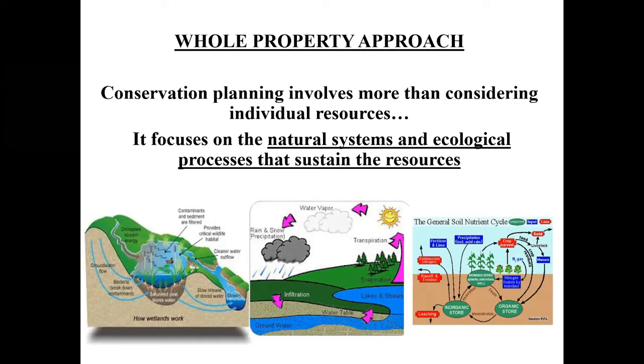We want to see how they interact with each other. Conservation planning involves more than considering individual resources. It focuses on the natural systems and ecological processes that sustain those resources. Again, these are our assets, the soil, water, and vegetation, and we want to manage them well by understanding the processes that allow them to do what we want them to do.